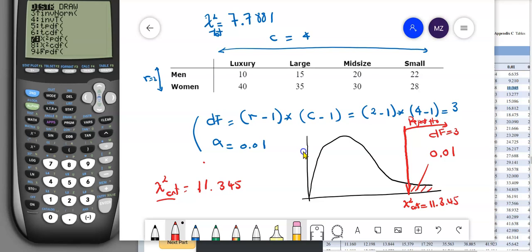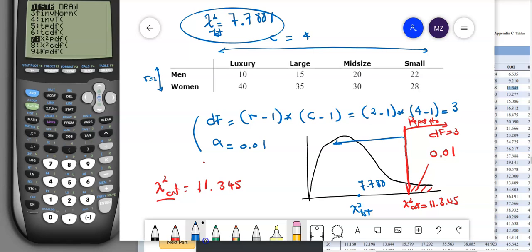Now, because I already calculated the chi-squared test, which is this one, before that, it's 7.788, right? So definitely I'm not rejecting. This is the do not reject zone.